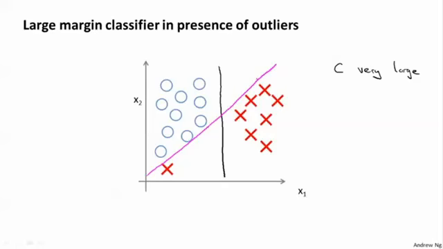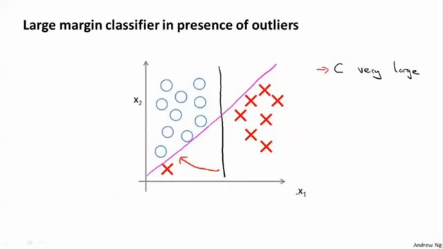And it's really not clear that, based on a single outlier, based on a single example, it's such a good idea to change my decision boundary from the black one over to the magenta one. So if the regularization parameter C were very large, then this is actually what the SVM will do. It'll change the decision boundary from the black to the magenta one.